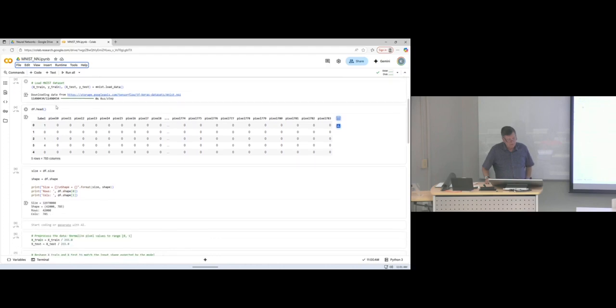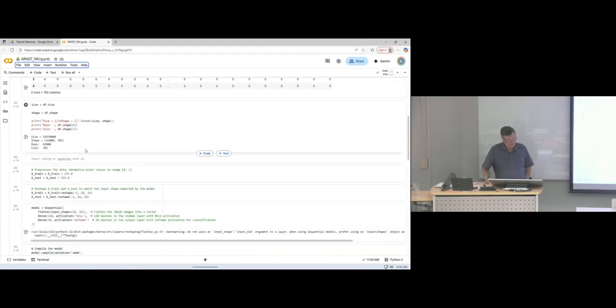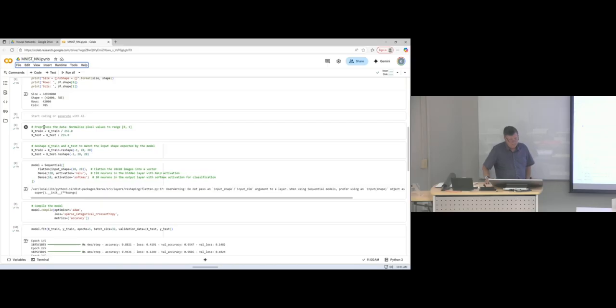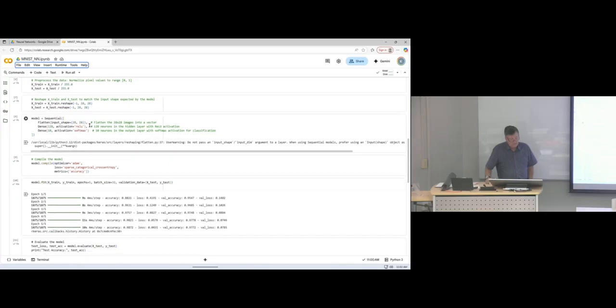You load it, and it gives you the size, which is 32 million cells. And you pre-process: I normalize the values to the range of 0 to 1. That's because they're 28 by 28, as you see here. Then you flatten it. This is just strictly so I can look at images.